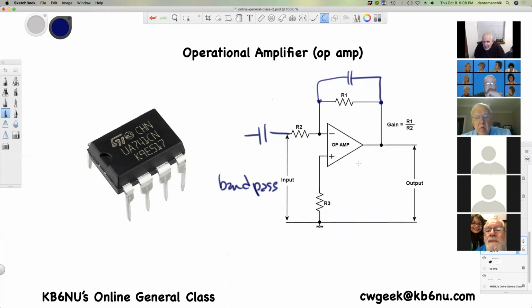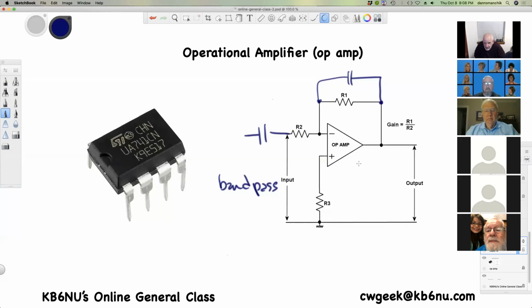You can look up these circuits and play with them yourself. If you had a bunch of capacitors and resistors, you could play with these in an op amp. One way we used to use op amps a lot, before we had a lot of digital signal processing, was for bandpass filters for receivers.